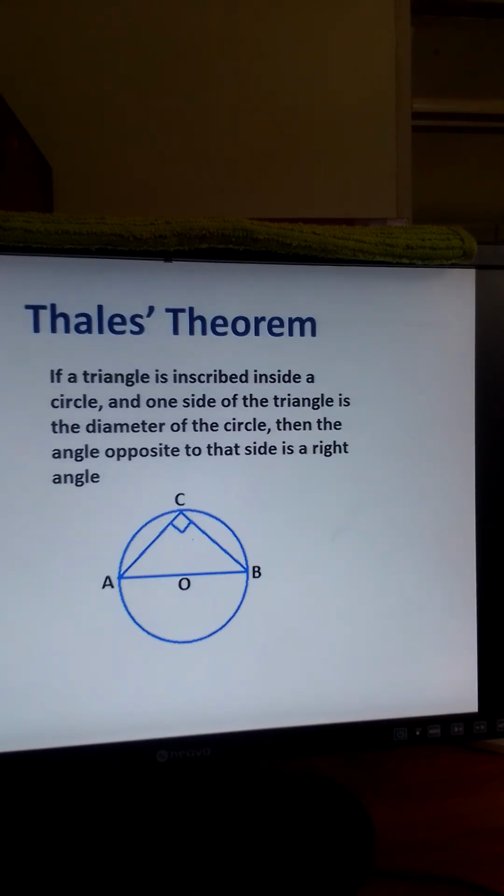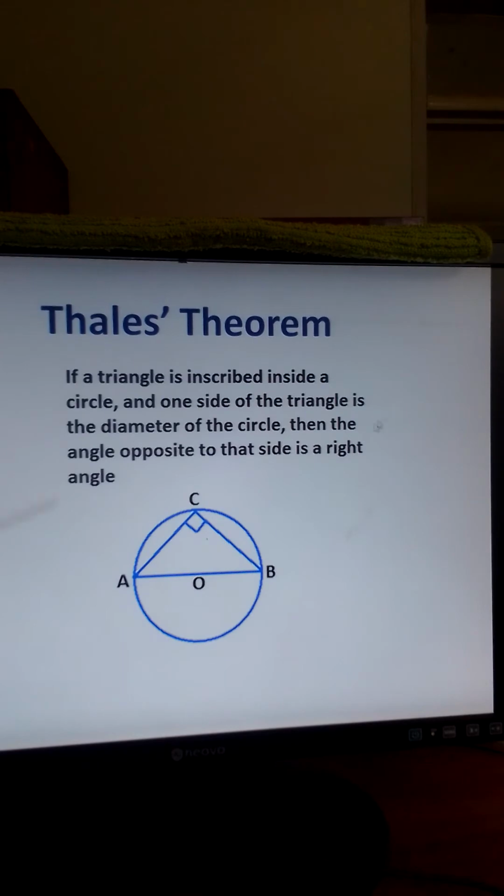Next, Thales theorem, which states that if a triangle is inscribed inside a circle, like this triangle ACB is inscribed in this circle, and one side of the triangle is the diameter of the circle, like side AB is the diameter of this circle, then the angle opposite to that side is a right angle.